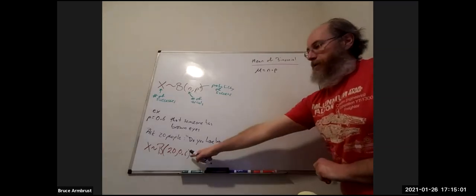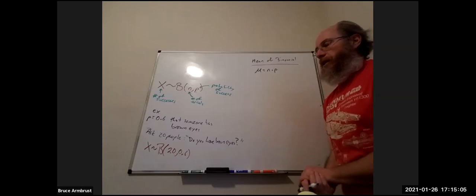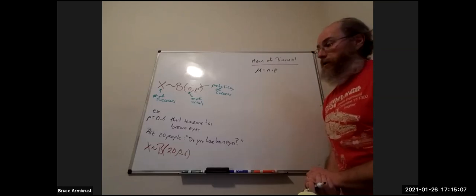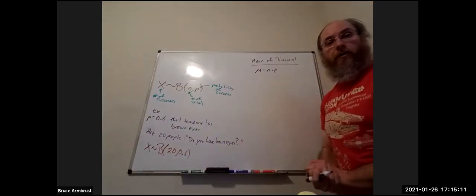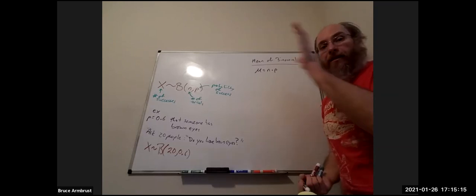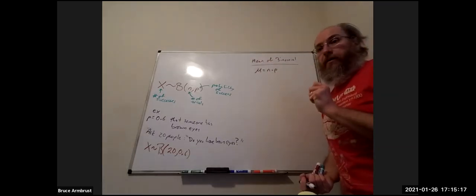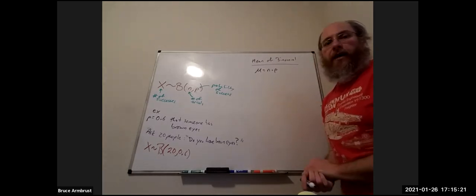So like with this one, if it really is a 60% chance that someone has brown eyes, the mean number would be 20 times 0.6, or 12. So I should expect, on average, if I go out and ask 20 people, do you have brown eyes? I should expect 12 of them will say yes.